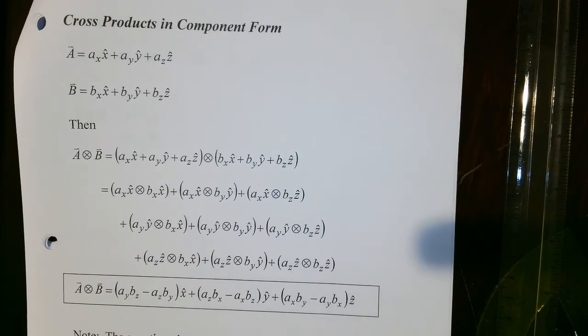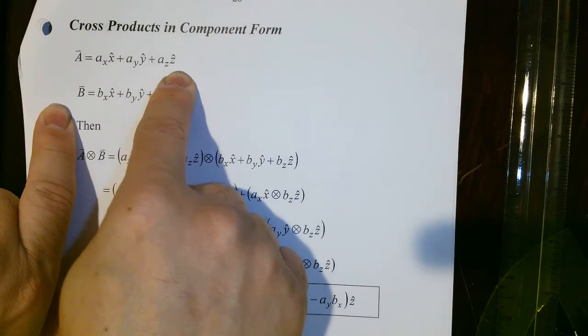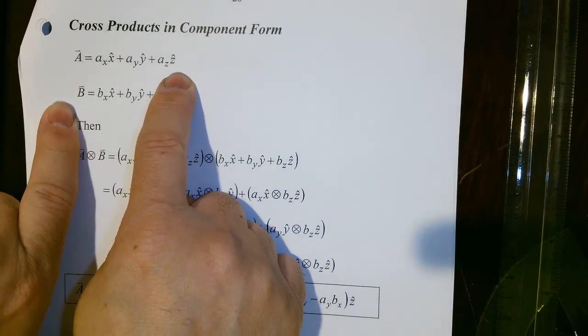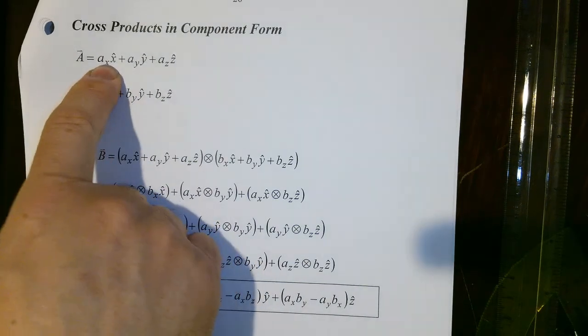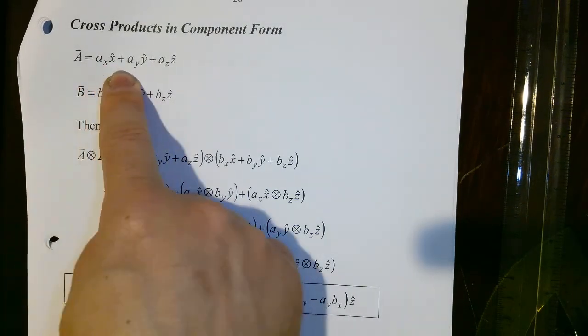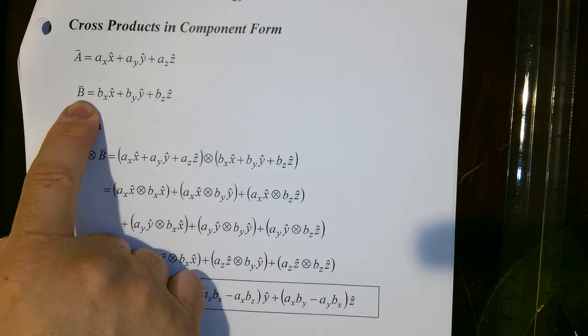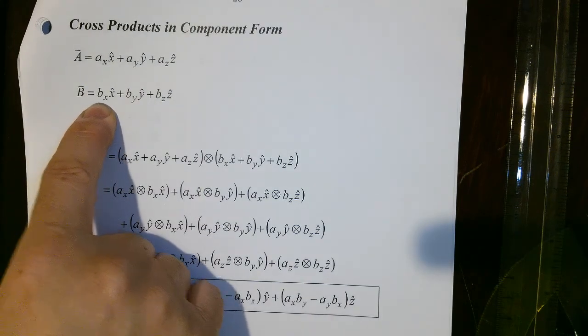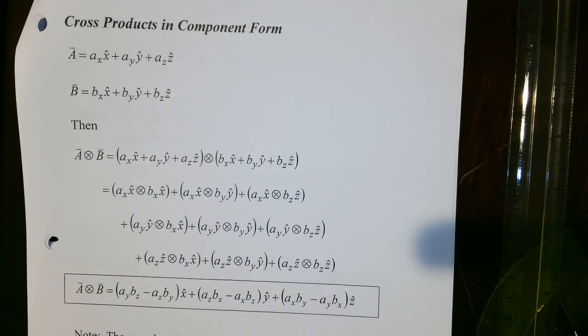So let's say we have more general vectors. So a can be in the form of a vector in three dimensions of a_x x hat plus a_y y hat plus a_z z hat. And my b vector has b_x x hat plus b_y y hat plus b_z z hat. All right.